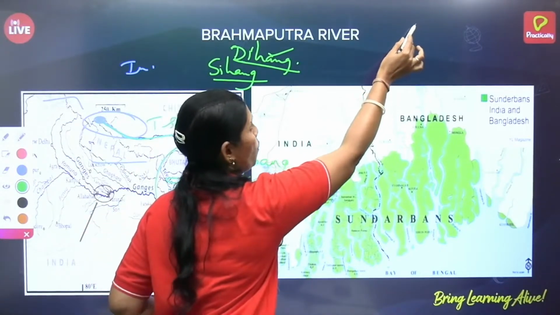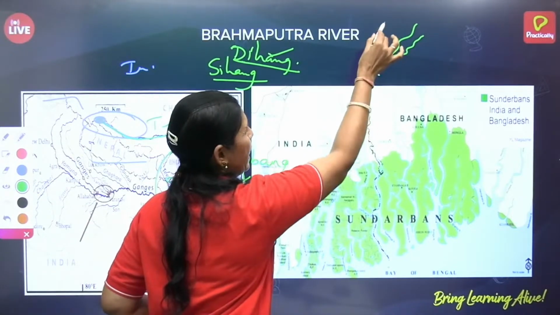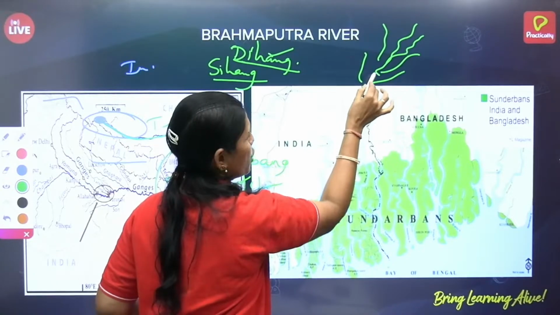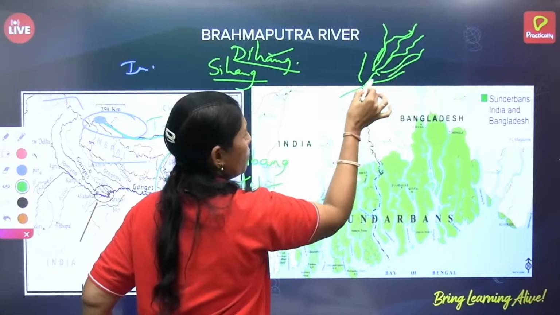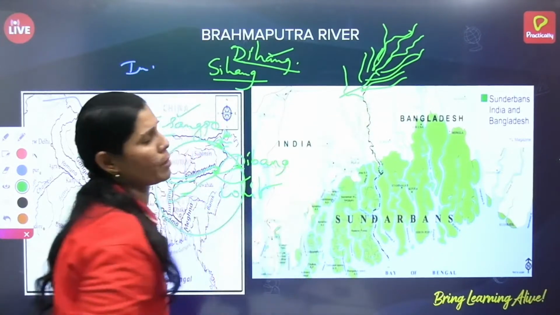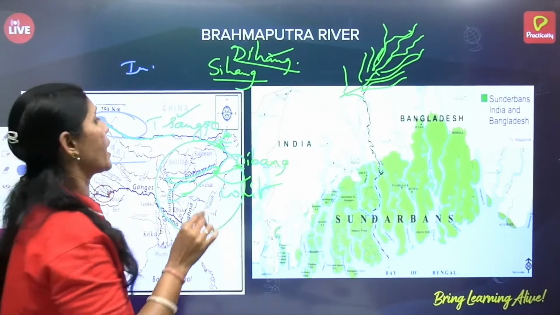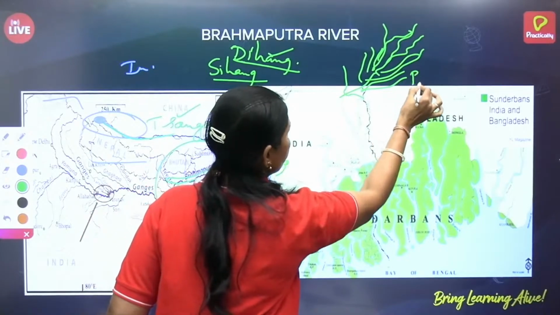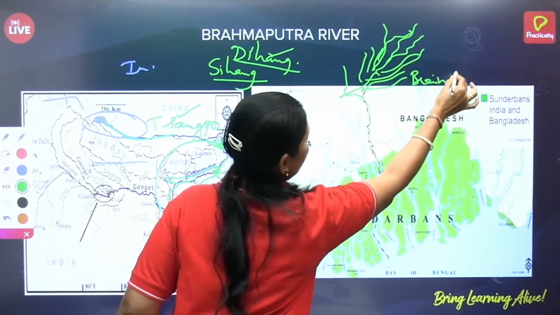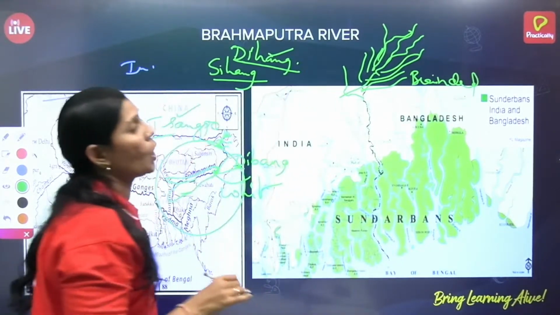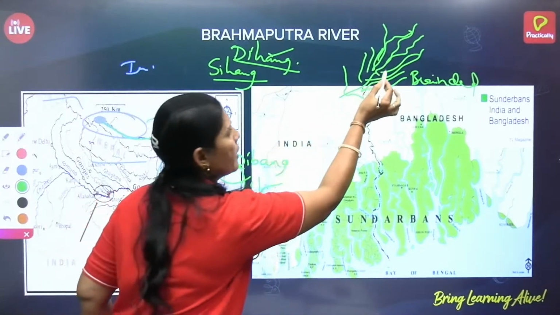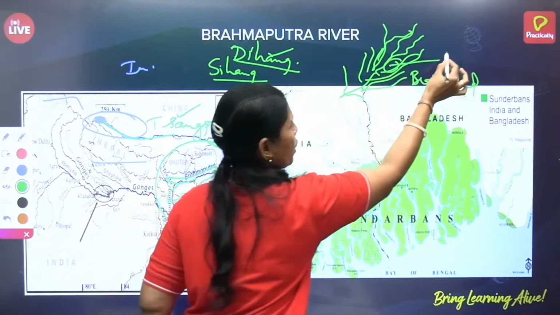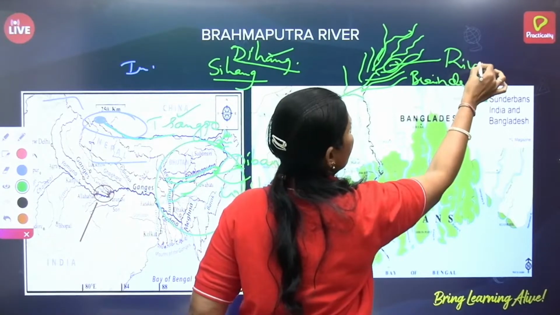Due to the excess of water, braids are formed. I'll show you the image. A bunch of streams are formed like that, so they are called braids. A braided pattern is formed and we call these lands riverine lands.